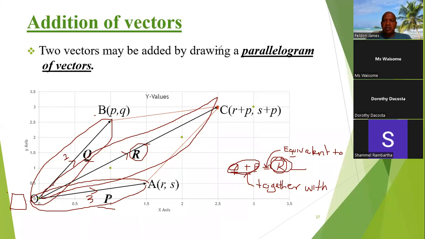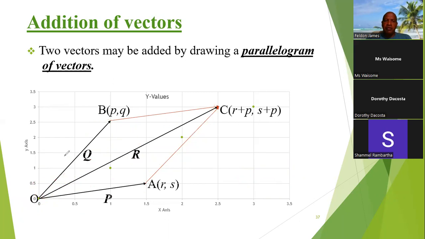right? In vectors, what we're really saying is: you have a line that represents 3 Newtons, and you have another line that represents 2 Newtons. What vector could R be that would give the same effect as the 2 and 3 Newtons?